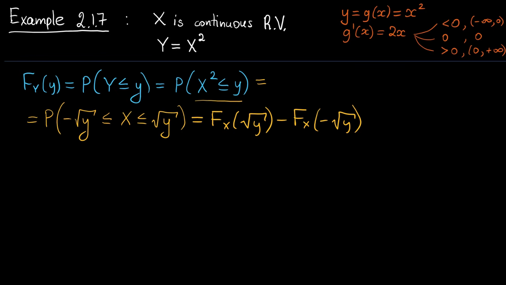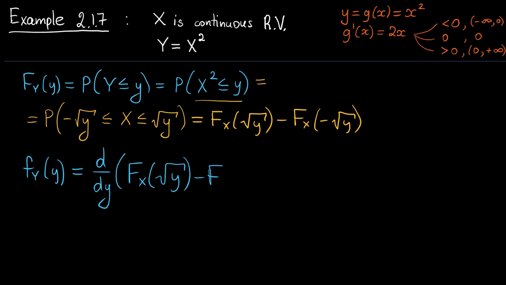If we wanted the PDF of y, we would obtain it from the CDF by taking the derivative. The PDF of y is d dy of the CDF of y, which is this difference of two terms. Okay, so we'll take the derivative of each in turn. Let me write it out the long way here.